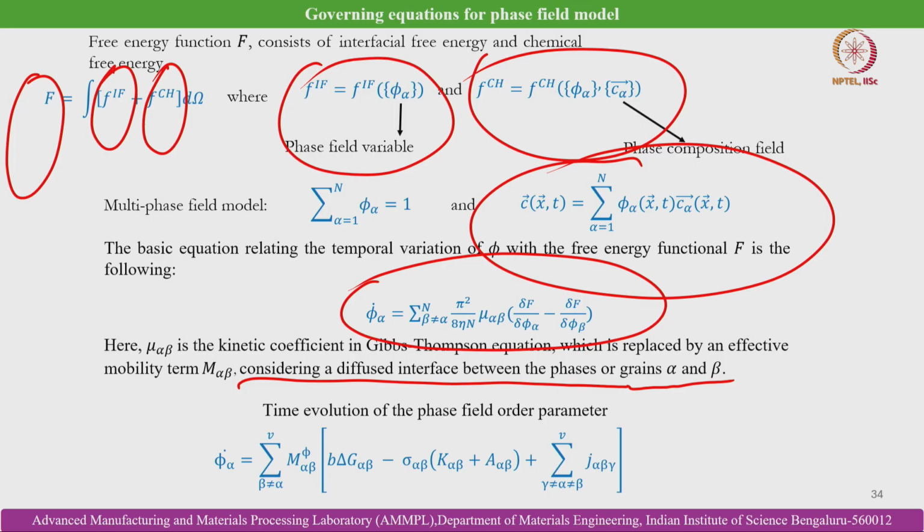The time evolution of the phase field order parameter can be expressed with this equation, where phi dot alpha is equal to the summation of beta not equal to alpha to nu of m alpha beta to the power phi into b delta g alpha beta minus sigma alpha beta k alpha beta plus a alpha beta plus the summation of gamma not equal to alpha not equal to beta to nu of j alpha beta gamma.